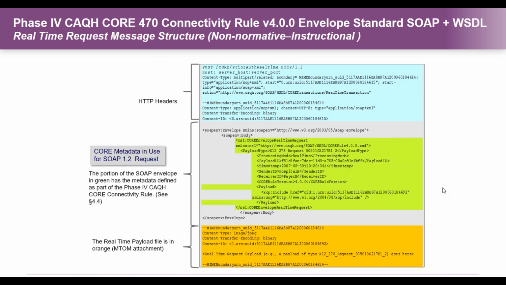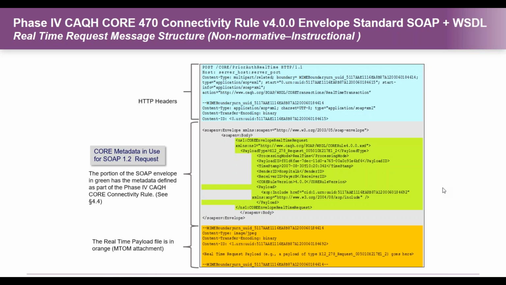So here we show an example of a SOAP real-time request as it appears over the wire. Shown at the top in blue highlights is the HTTP headers of the SOAP request.